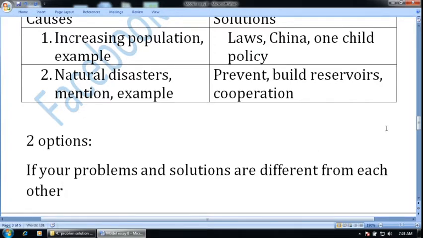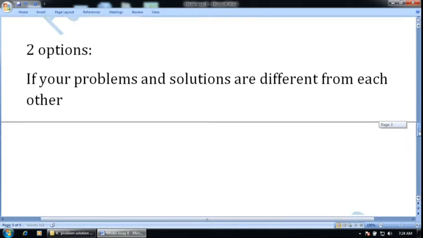If your problems and solutions are different from each other, there is no direct relation between them, then you would plan your essay in this way.